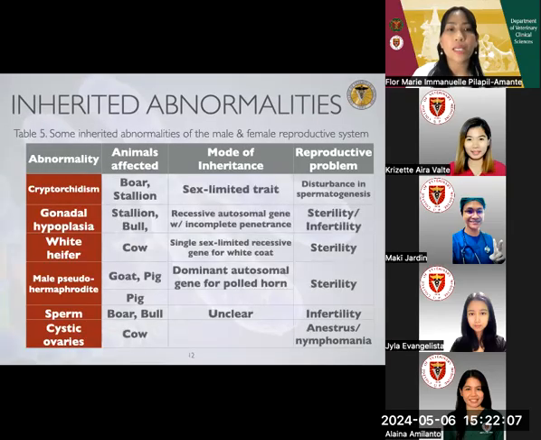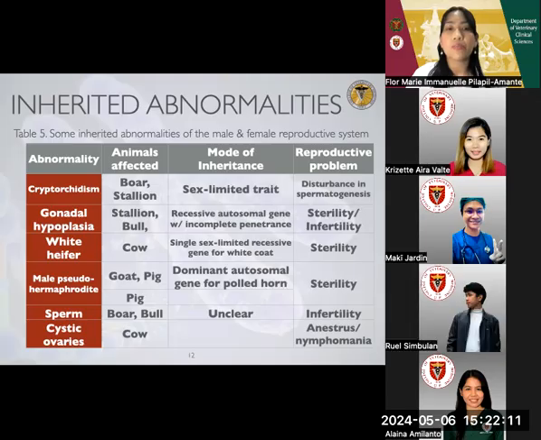To summarize again, we have these examples of inherited abnormalities of the male and female reproductive system. So from the cryptorchidism, this is sex-limited trait, and because of the undescended testicle, there is disturbance in the spermatogenesis. Okay, the normally descended testicle is not affected, only the cryptorchid one, if unilateral.